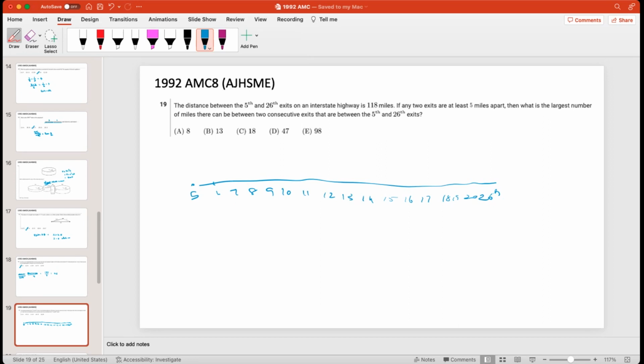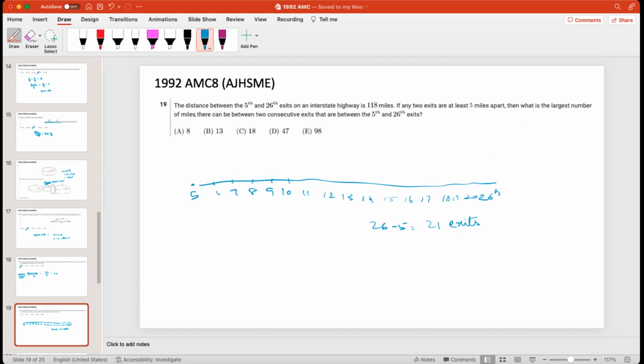Okay, so these are all exits. Now how many such exits exist? It's 26 minus 5, that's equal to 21. Correct? So each exit, right?